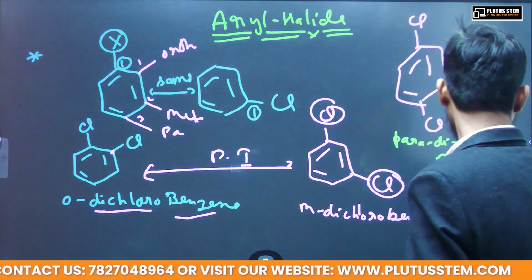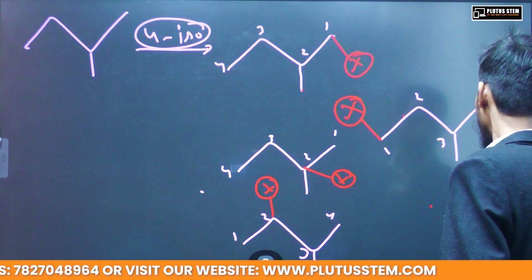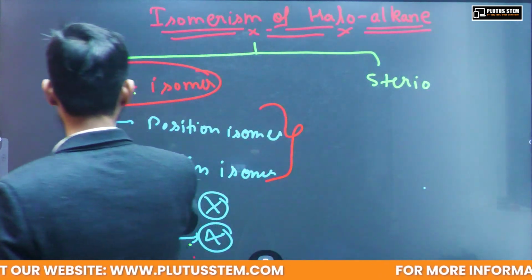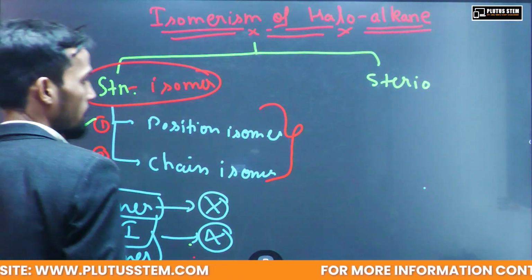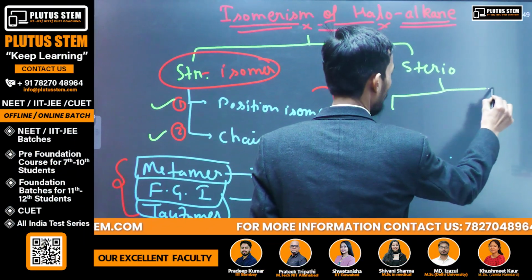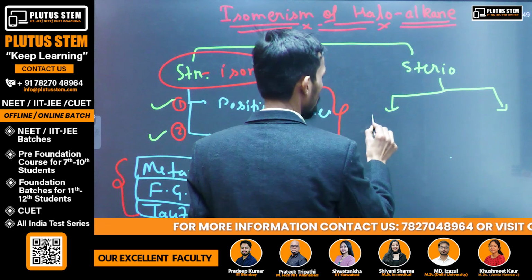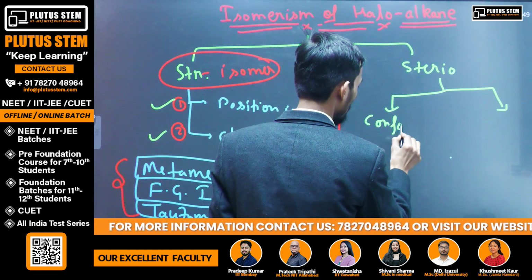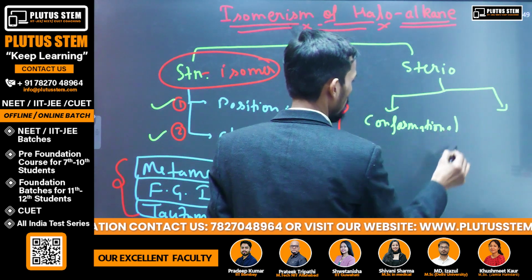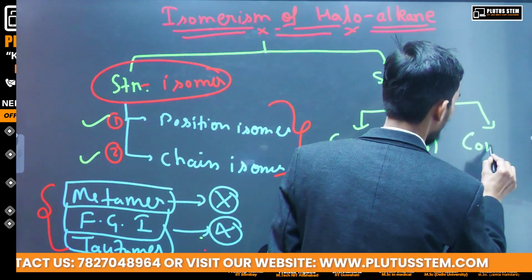I have just shown you positional isomers and chain isomers, and after that another class starts, stereoisomers. I have left this section. In this we have conformational and configurational.